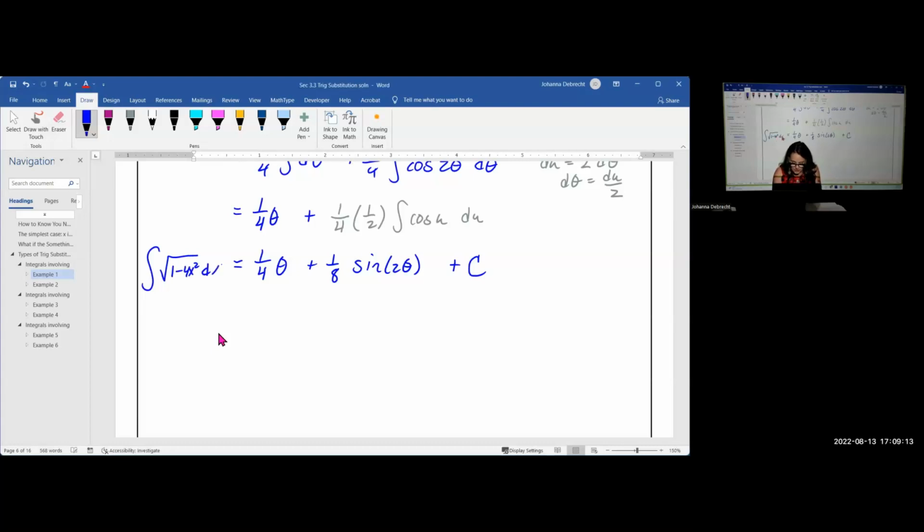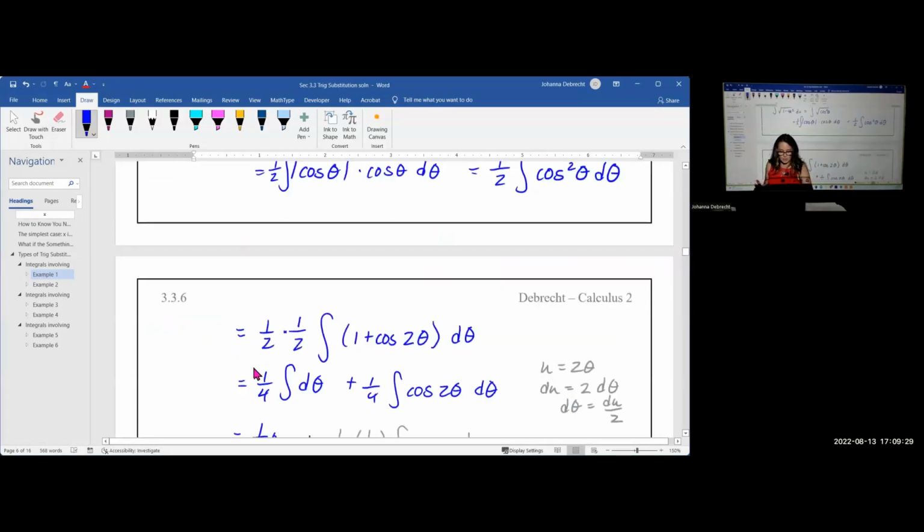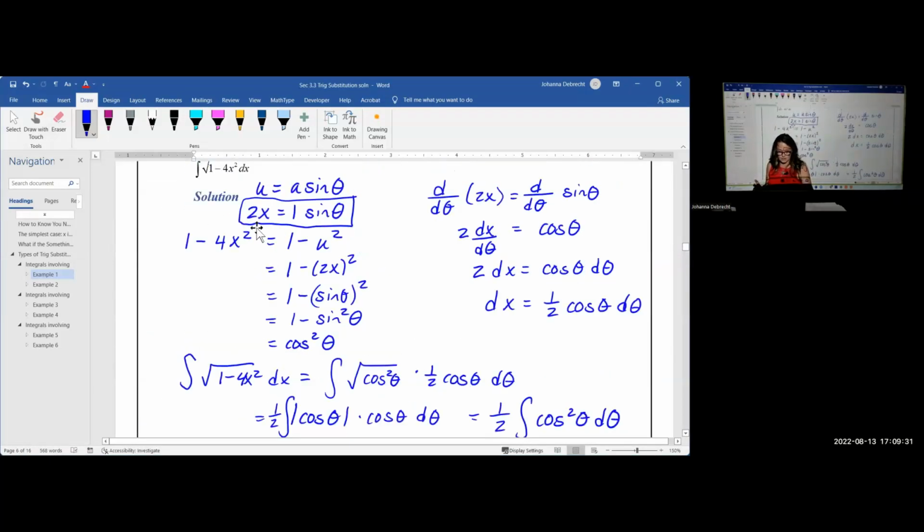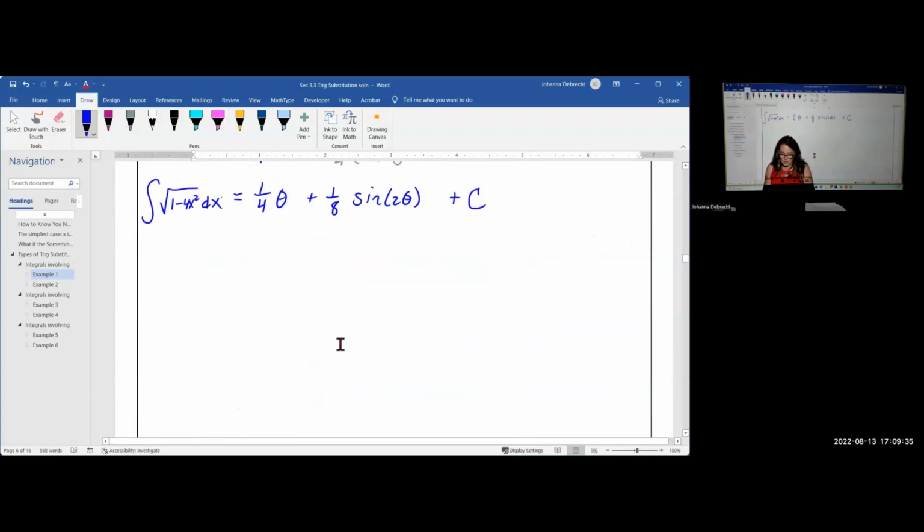The problem is the original integral is in terms of the independent variable x, and my expression is now in terms of the independent variable of theta. This won't work. I've got to get back to x. So how do I get back to x? I'm going to come back up here to my substitution factor. 2x equals 1 sine of theta. So I'm going to come down here. I'm going to write it again.